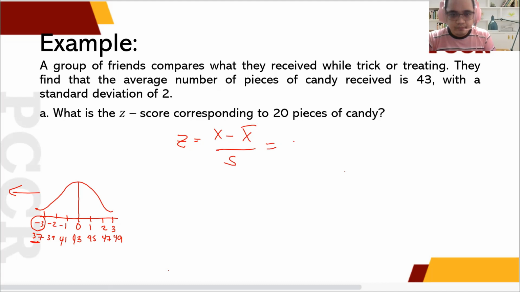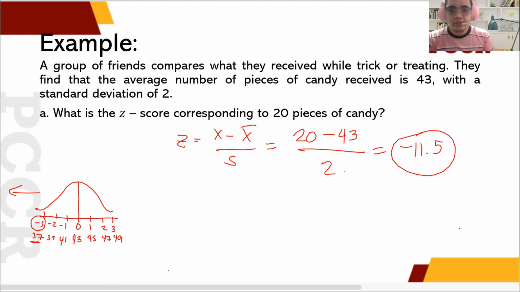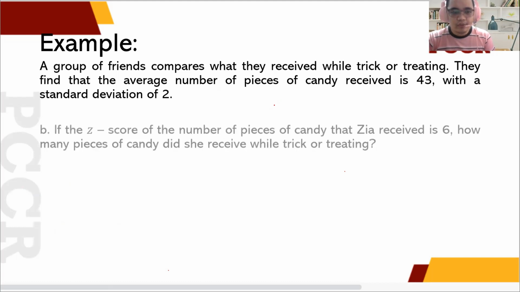So we have x, the one we are converting, 20, minus the mean, which is 43, divided by 2, which is the standard deviation. So when you compute that, we will get negative 11.5. So that negative 11.5 will be the corresponding z-score of 20 pieces of candy.